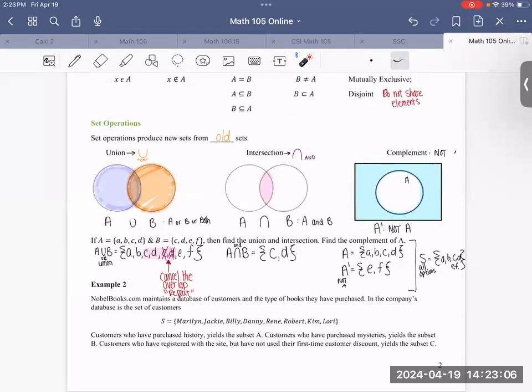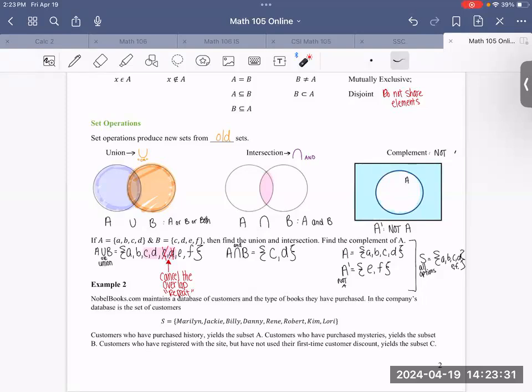So with that in mind, see if you can try example 2 on your own. It says nobelbooks.com maintains a database of customers and the type of books they have purchased. The company's database is a set of customers. S is equal to Marilyn, Jackie, Billy, Danny, Renee, Robert, Kim, and Laurie.